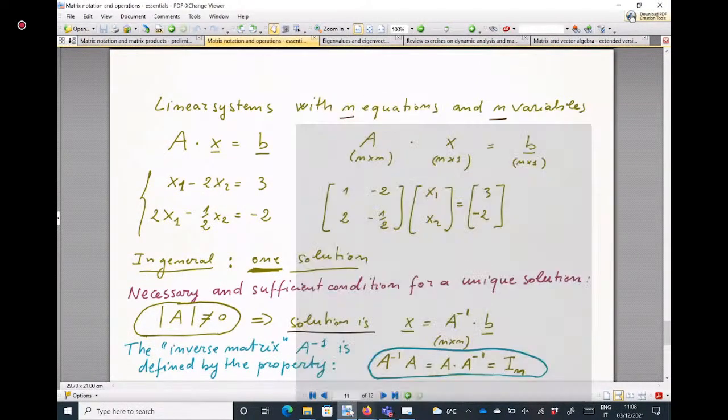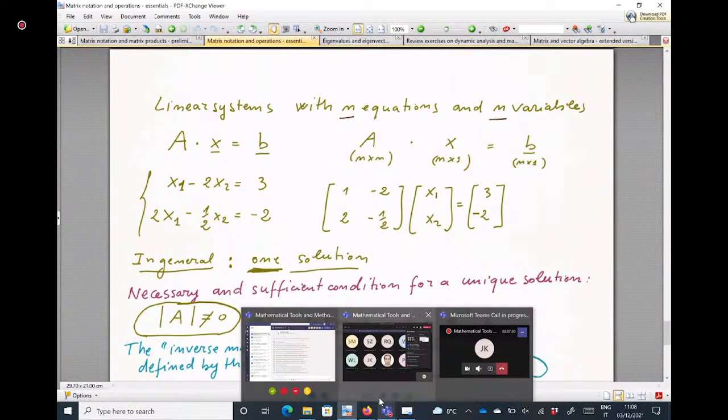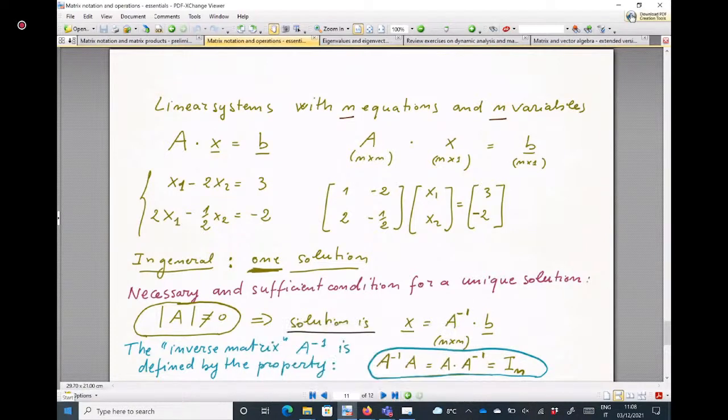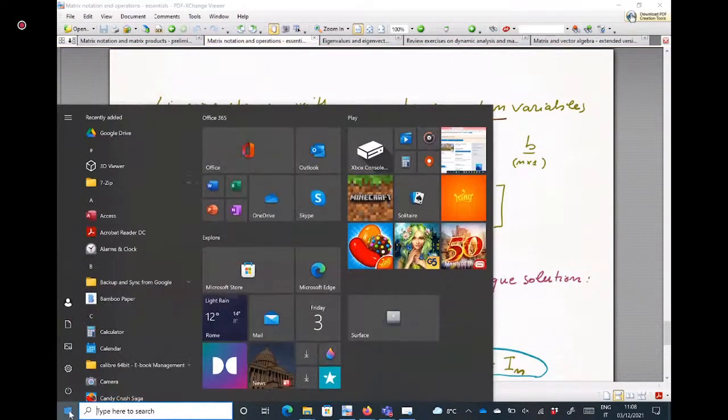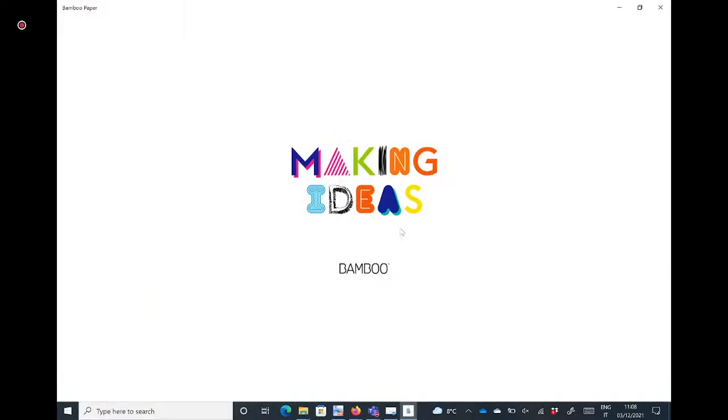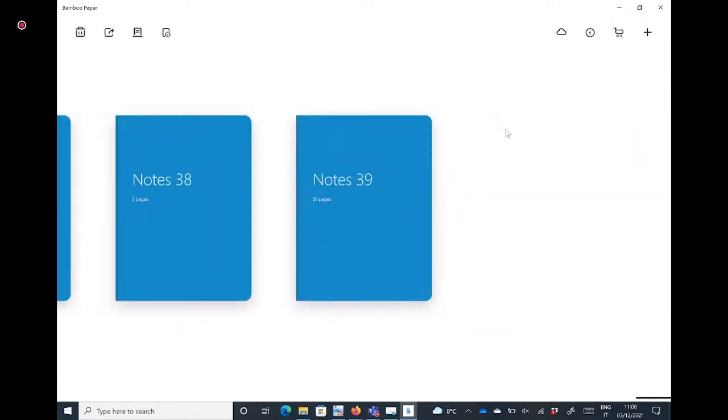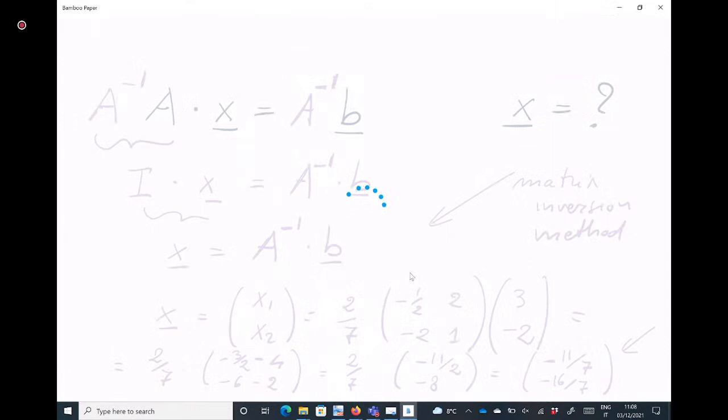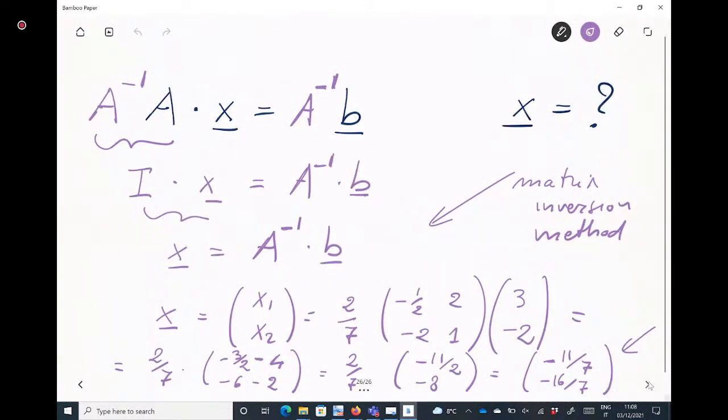Okay, so now the main point here is that we will deal with systems where B is equal to 0. Let me go back and show you one thing, and emphasize and stress it.